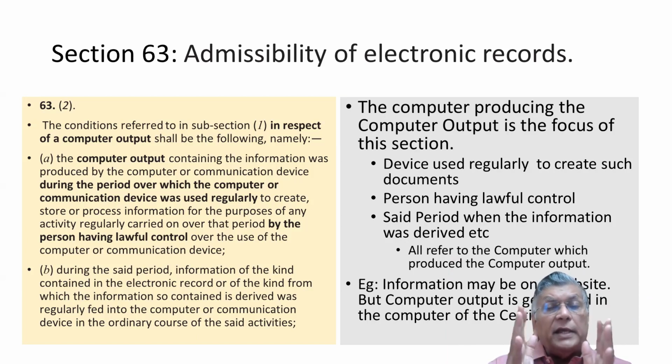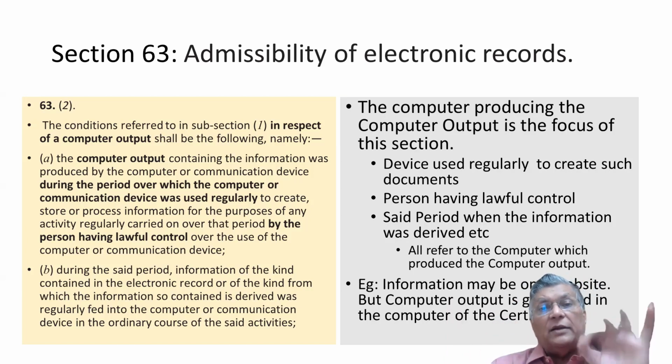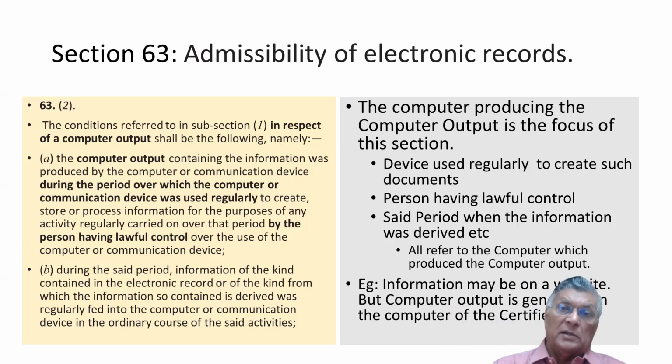Now, the person who is taking the computer output is making a copy of that into his computer, which means that the computer output is being operated in the computer of the observer. Now, the computer of the observer may be the same as the computer of the litigant. That is different. Let us for the time being say that the computer output is being generated in a computer other than where the primary document resides.